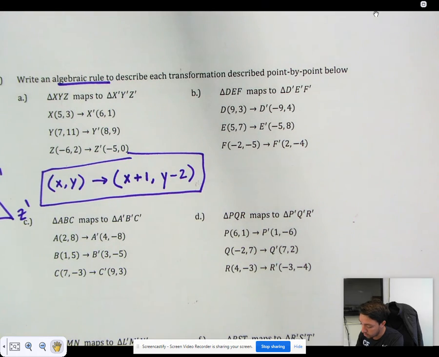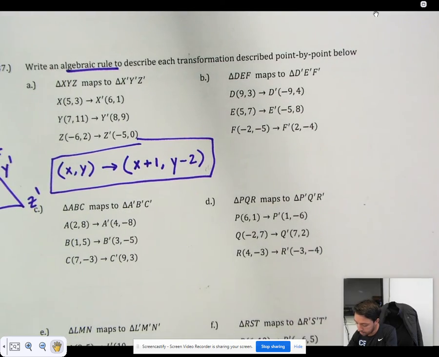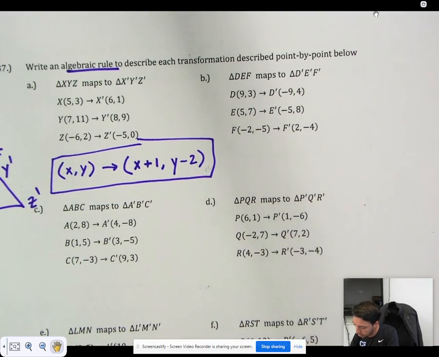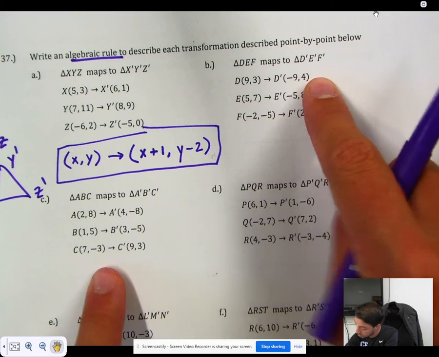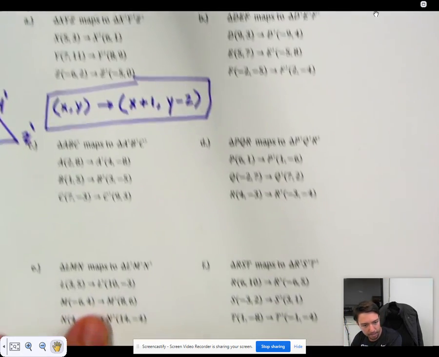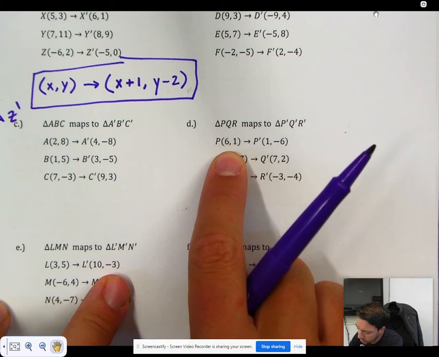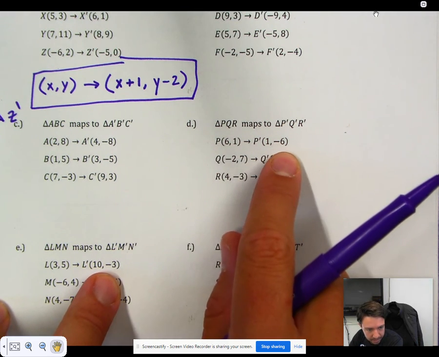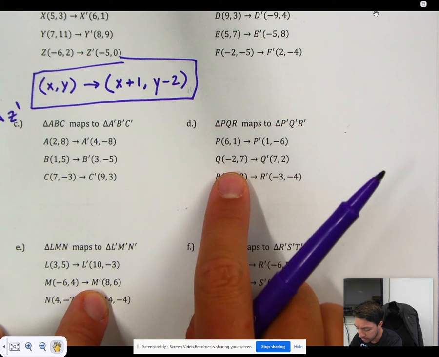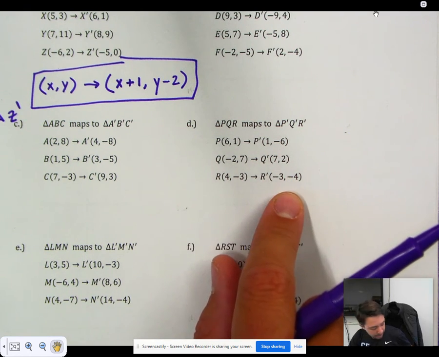Let's do another one. Let's jump down and do a more challenging one, because I think B and C are pretty straightforward. Let's do D. D's a little bit complicated. So 6, 1 went to 1, negative 6. Negative 2, 7 went to 7, 2. 4, negative 3 went to negative 3, negative 4.